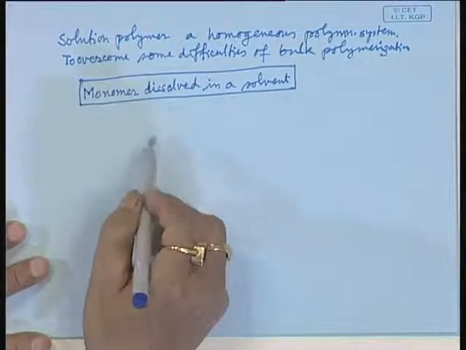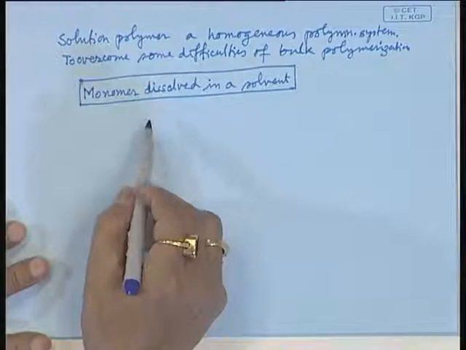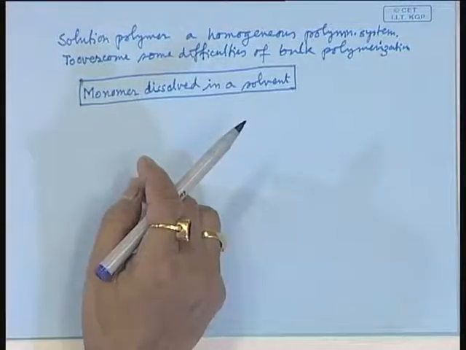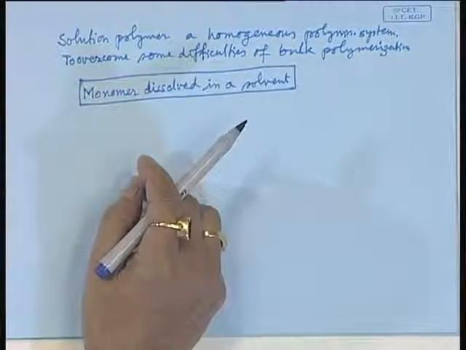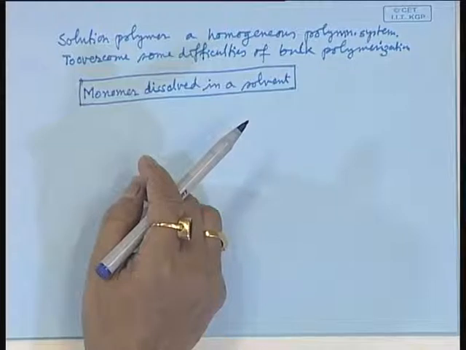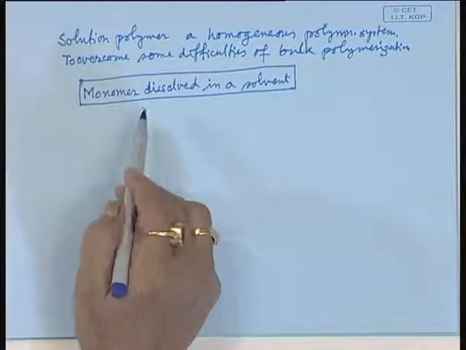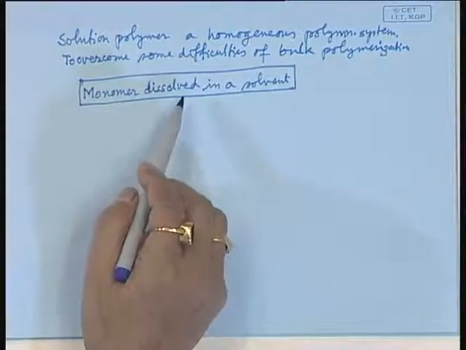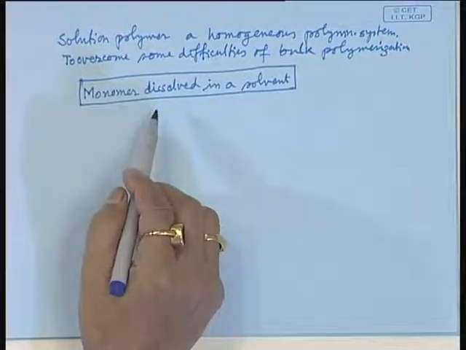In case of condensation polymerization, normally this solution polymerization technique is not followed, because condensation polymerization needs higher temperature, because their melting points are higher than those of addition chain polymerizations. So, in the majority of cases the solution polymerization is followed for addition chain polymers.